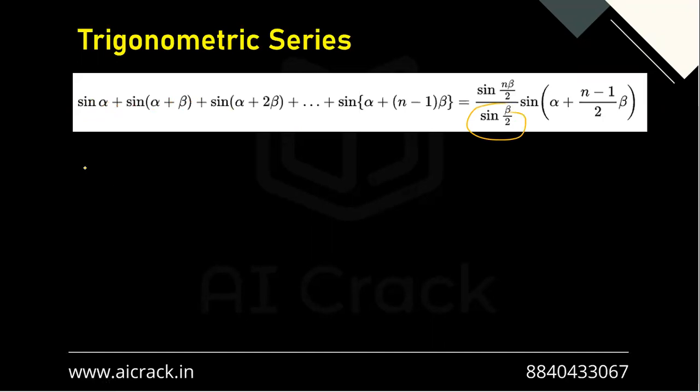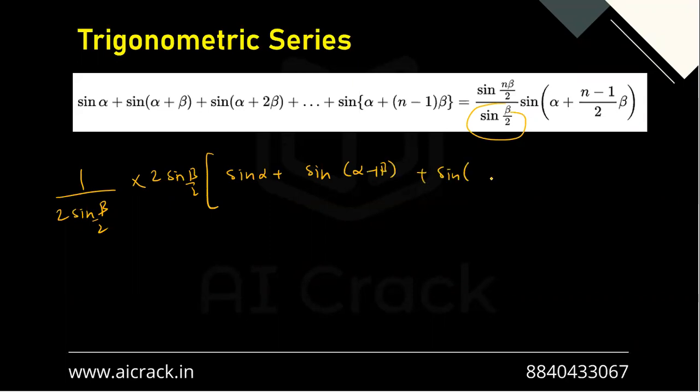So what I'll do, I'll multiply and divide by 2 times sine beta by 2. That will give me sine alpha plus sine of alpha plus beta plus sine of alpha plus 2 beta up to sine of alpha plus n minus 1 beta.